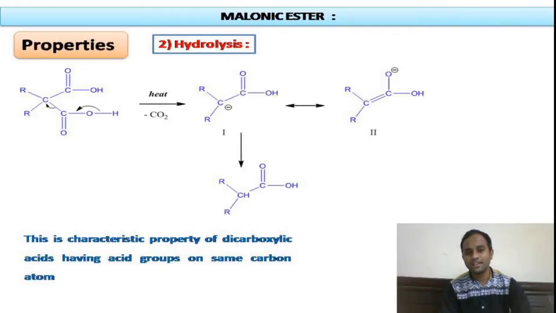You can see the minus charge on the alpha carbon is involved in the resonance. The minus charge is transferred to the adjacent single bond, and the double bond of the carbonyl group is transferred to the oxygen.